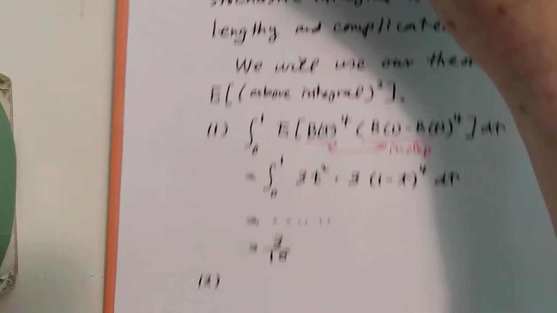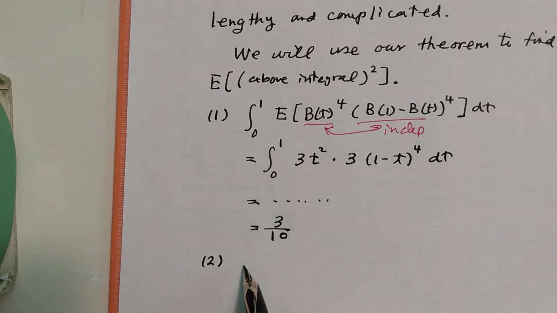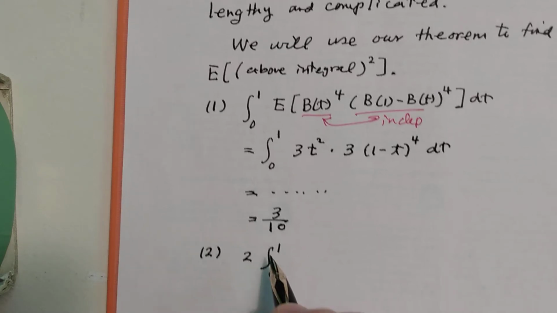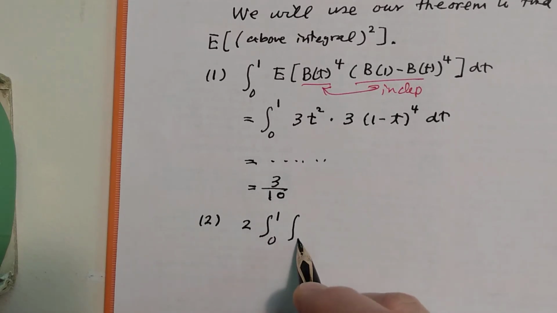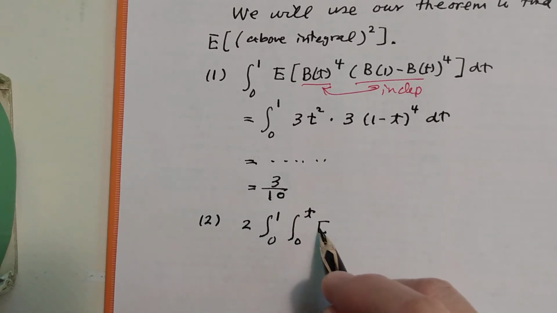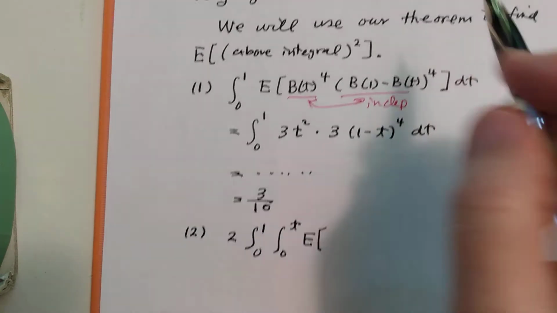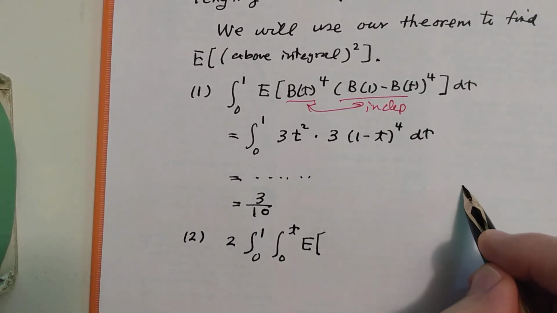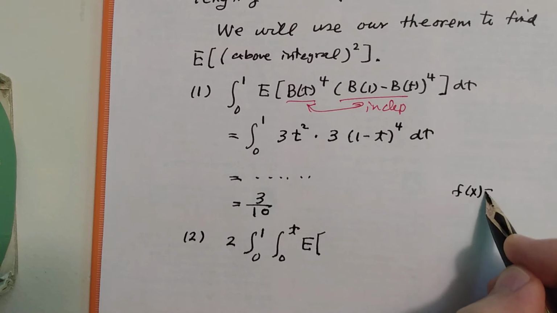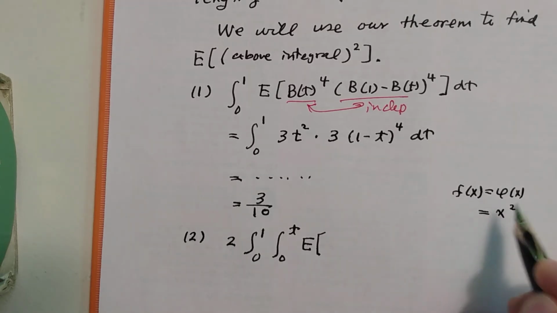On the other hand, the double integral part is the integral from 0 to 1 and the integral from 0 to t of the expectation of. Now this is the case with f(x) equals x squared.